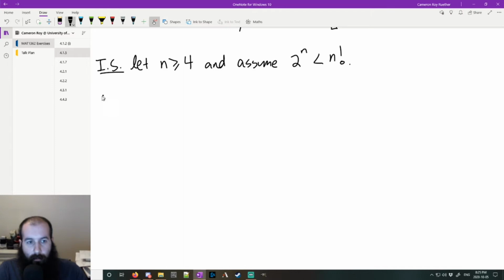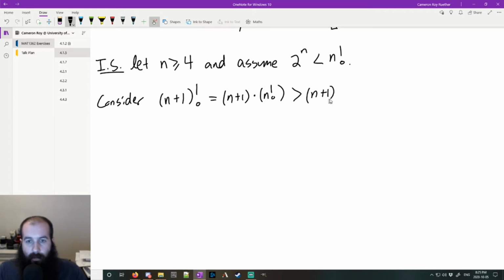I'm going to start by just considering n plus 1 factorial. By the definition of factorial, this is n plus 1 times n factorial. And now by our assumption, n factorial is greater than 2 to the n. So I know that this expression is greater than n plus 1 times 2 to the n.